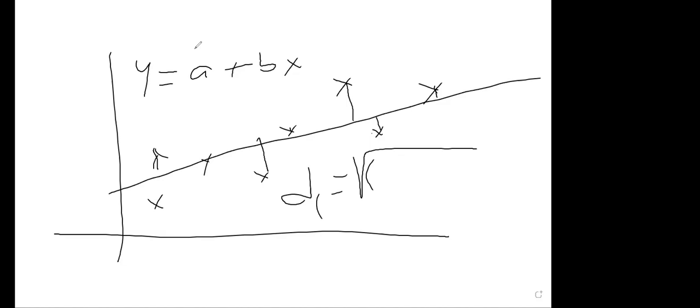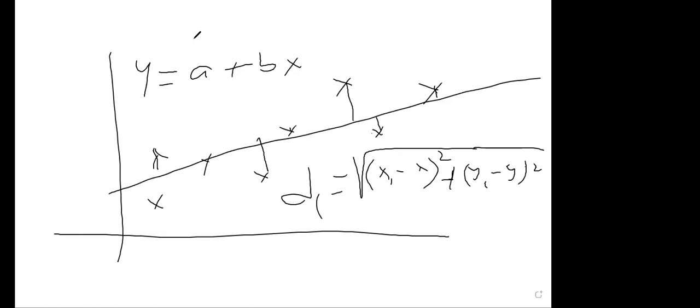So we are going to find the distance between each point. The first point, d1, is x1 minus x squared. You don't need to write this. Plus y1 minus y squared.